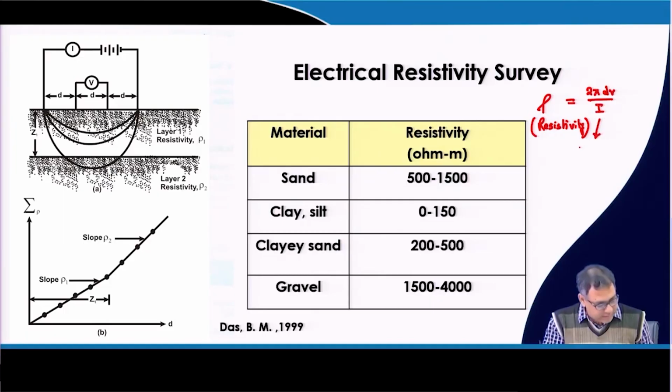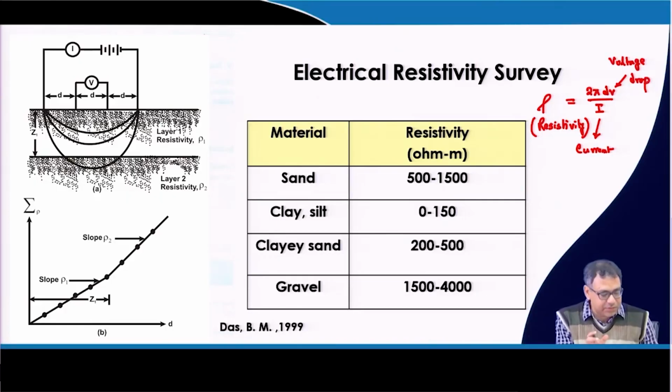So, I is the current and V is the voltage drop. Okay. And d is the distance between the electrodes.